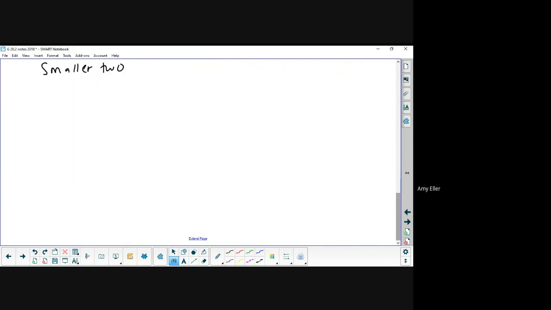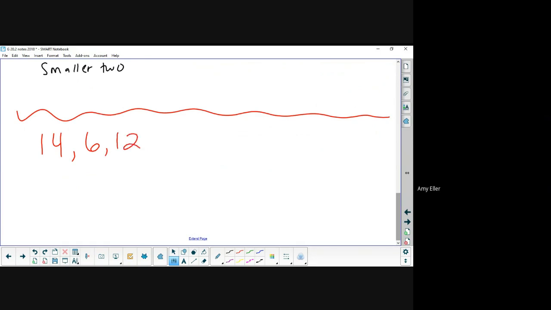All right, let's do a couple more. Zach, give me 3 numbers, anywhere from 1 to 16. 14, 6, and 12. I like it. Let's start by saying, does it make a triangle? So the smaller two are 6 and 12.